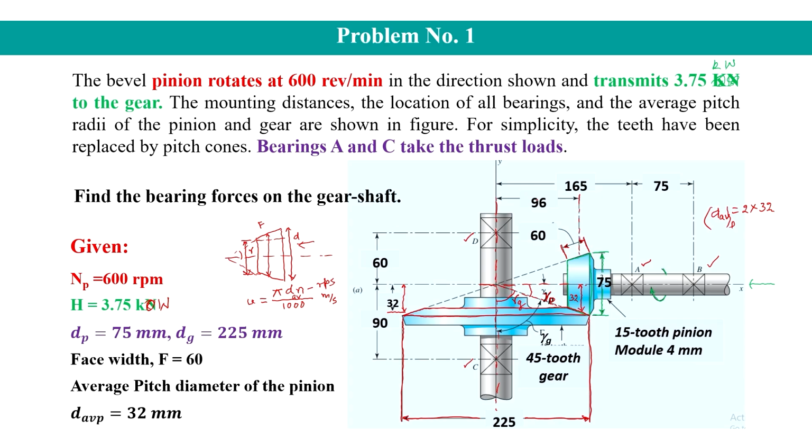This distance is given as 96, and this is equal to this one, and that is D average divided by 2 of the gear, and that is given as 96. So, average pitch diameter of the pinion, D average pinion, is equal to 32 multiplied by 2.